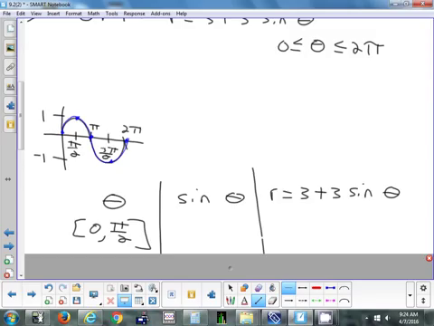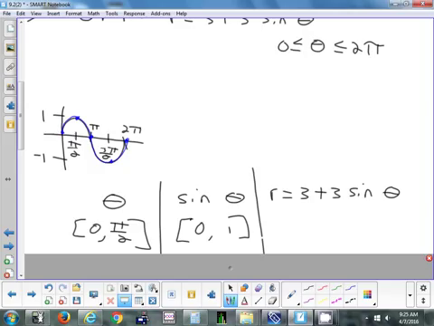Sine is starting at what and ending at what on the y-axis? 0. Starting at 0. Let's try numbers. And ending at 1. Okay, so as you go from 0 to pi over 2, for your angle, sine of that angle is going from 0 to 1.